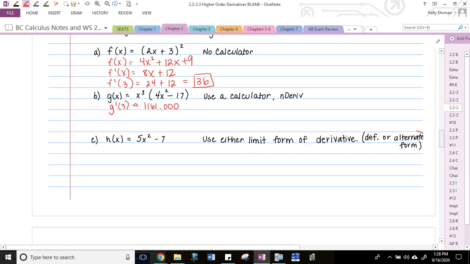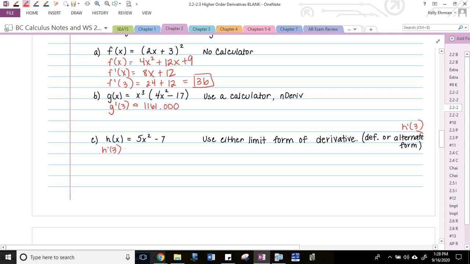H of x equals 5x squared minus 7, using either limit form of a derivative. Ugh. All right, well, do we want to use the definition of a derivative, the limit definition, or do we want to use the alternate form? Well, ultimately, we're trying to find h prime of 3. So remember, it is way faster to use the alternate form rather than find the equation, then plug 3 into that. So let's use the alternate definition.